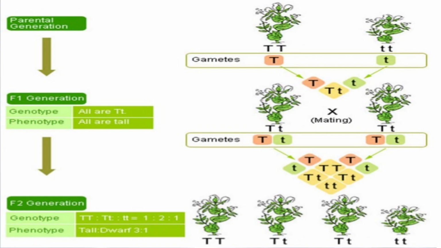That is the phenotypic ratio, 3:1. But in the case of the genotypic ratio, you can see 1:2:1. One is capital T capital T, two are capital T small t, and one is small t small t. So this is the monohybrid cross for plant height in peas.